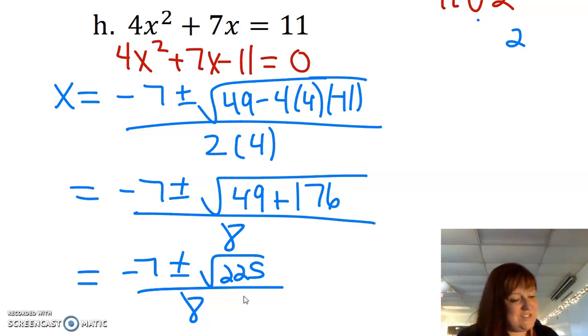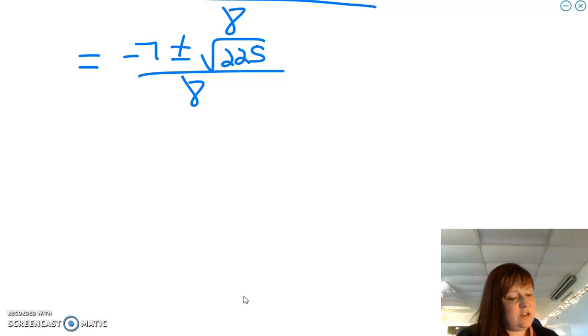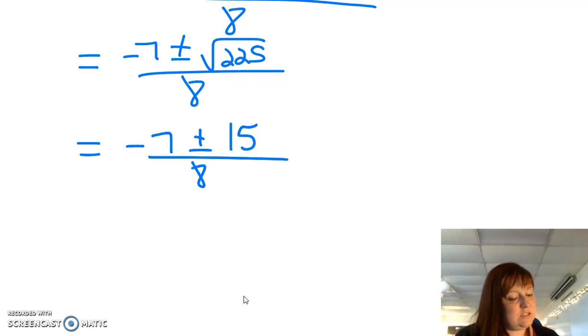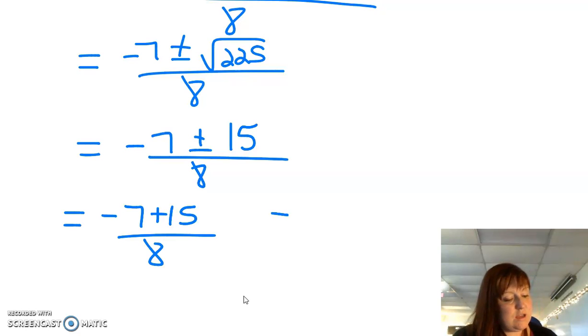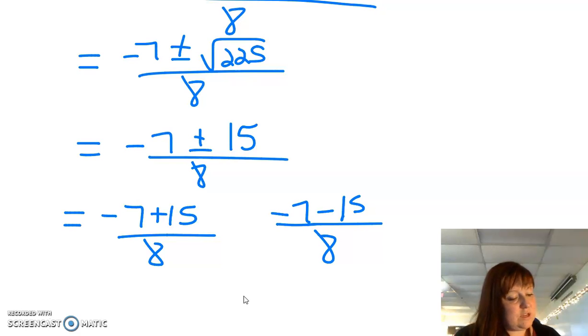Oh, the 225 does have a square root. Square root of 225 is 15. So we can just keep going with that. So negative 7 plus or minus 15 over 8. And so that means either negative 7 plus 15 over 8 is a solution, or negative 7 minus 15 over 8 is a solution. So then I just solve both of those.